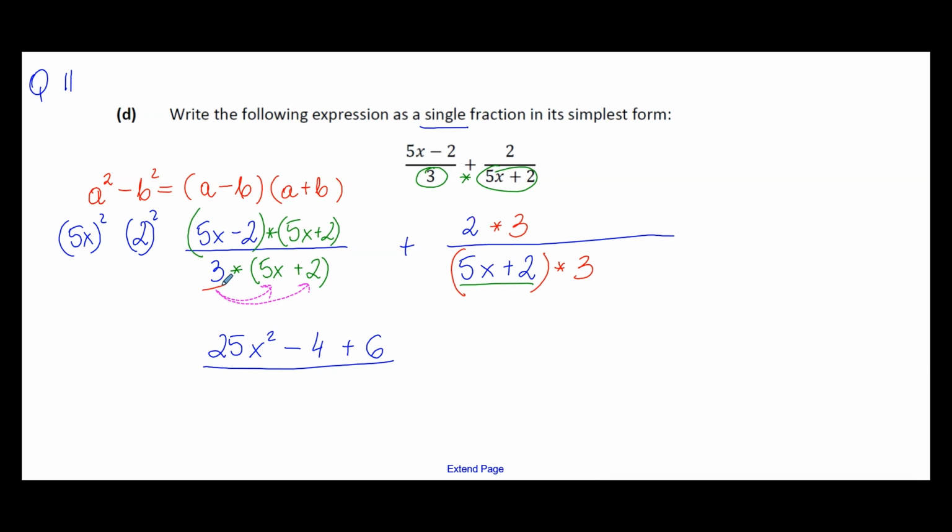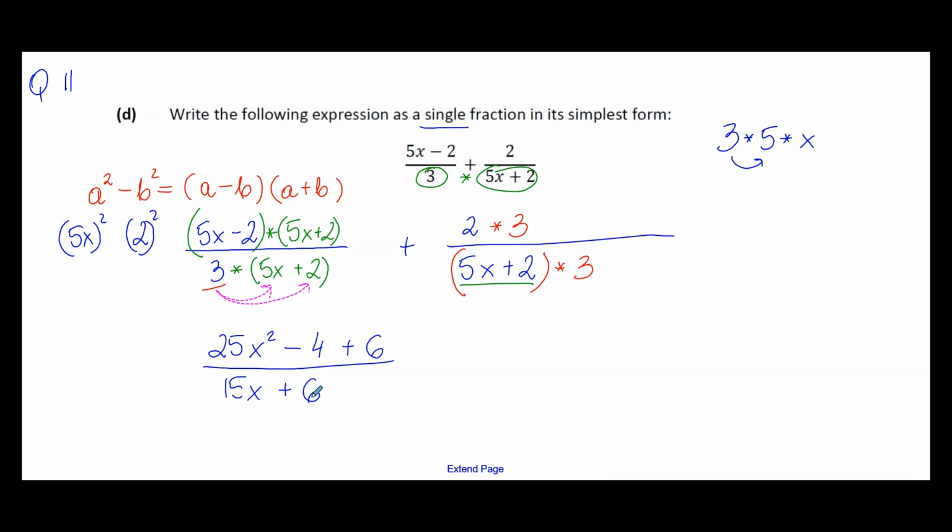And now we are doing the multiplication at the bottom of the fraction. 3 multiplied by 5x. If you're ever confused, what I have is 3 multiplied by 5 multiplied by x. What I can multiply is 3 by 5. That is 15. And it still has to be multiplied by x. And then again 3 by 2, that is 6.